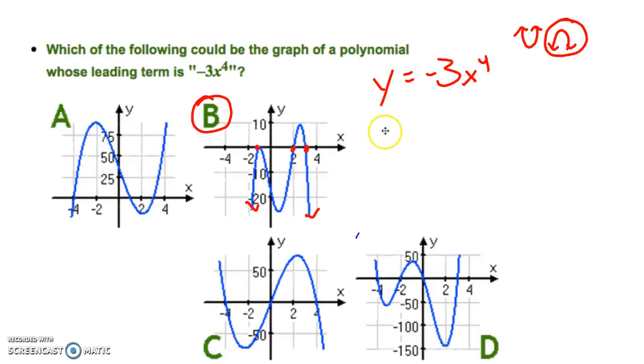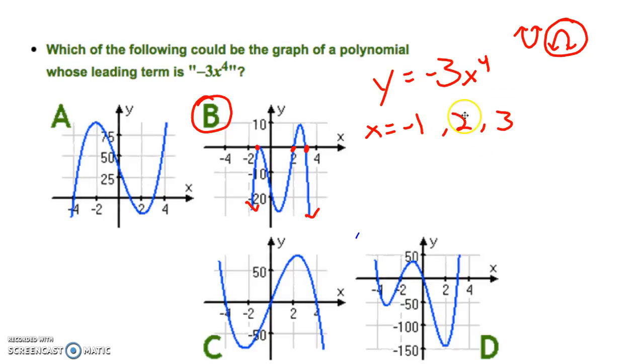Let's use this as a learning opportunity and write the equation for graph B. So our solutions, we'll use estimates based on what we see. Our solutions are x equals -1, 2, and 3.